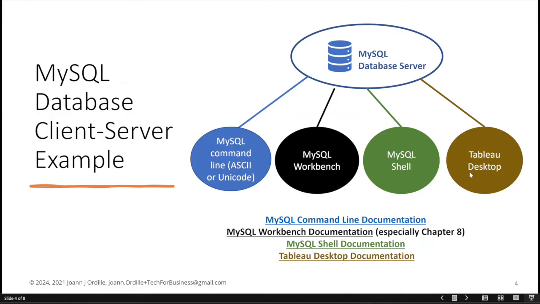And the 4th client represents the large space of third-party clients to MySQL. So the 4th client here is Tableau Desktop. Tableau is a popular piece of software for visualizing data. And Tableau Desktop is a client of MySQL database server. It goes to MySQL database server to retrieve data, and then it will graph that data for you.